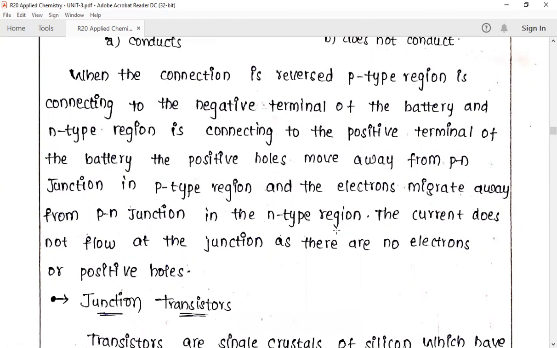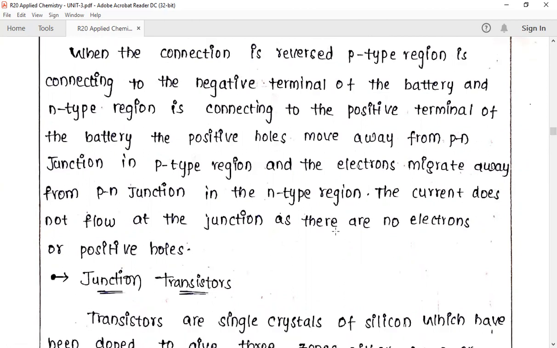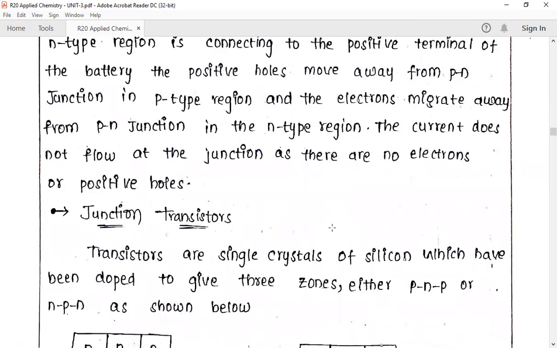The current does not flow in this case as there are no holes or electrons at the junction. So this is about the PN junction.